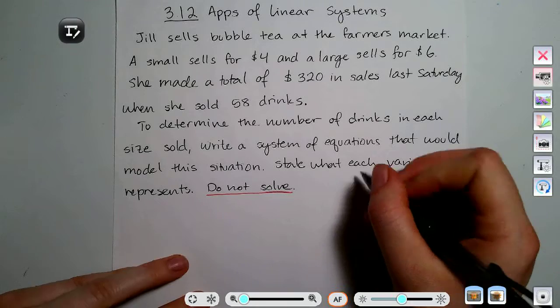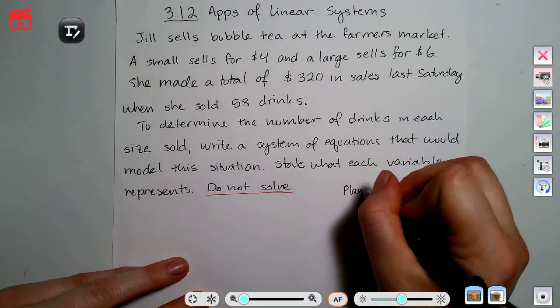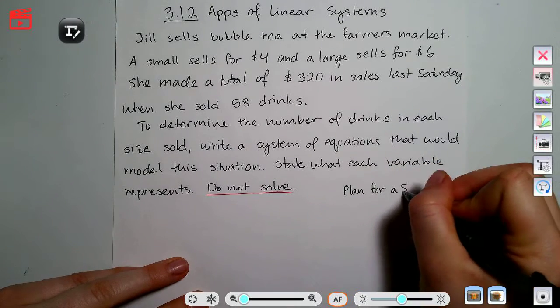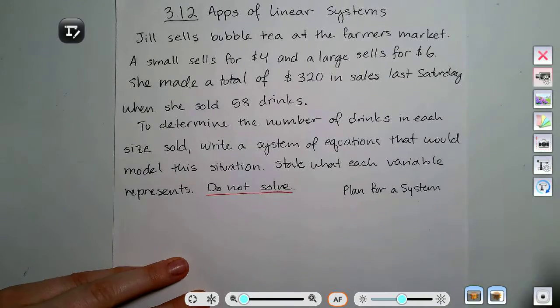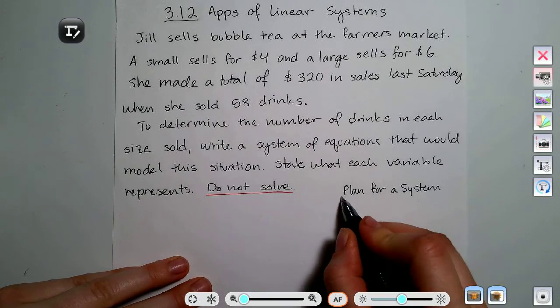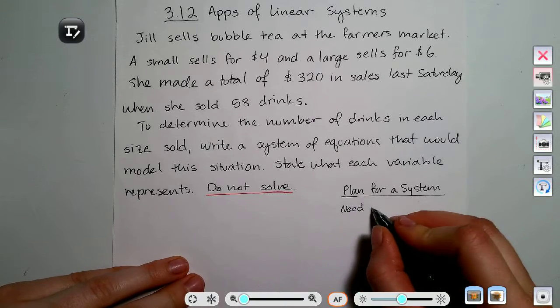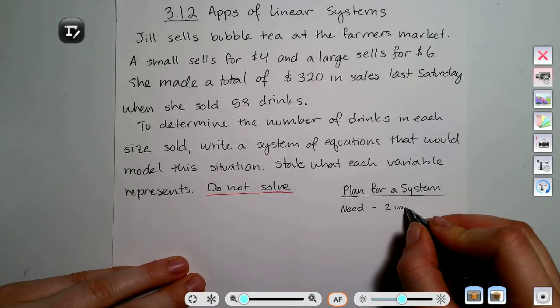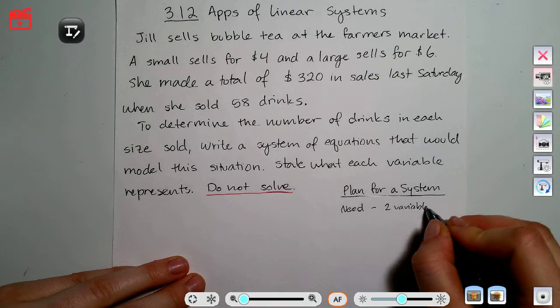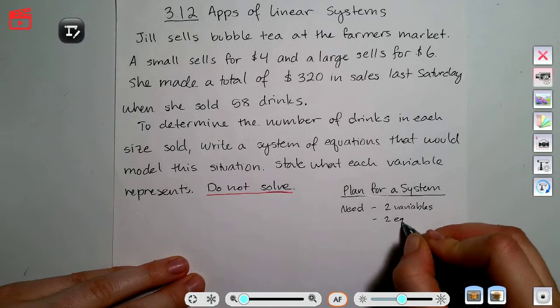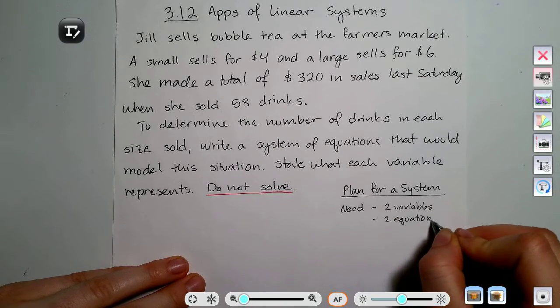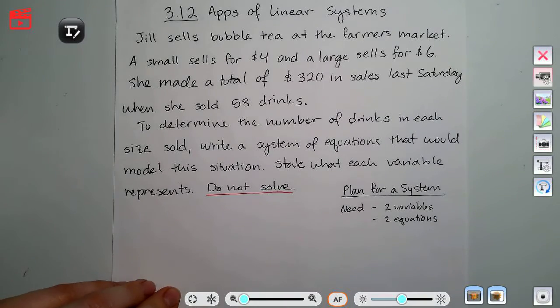So two equations. All right, so the plan that we have for writing a system. Okay, so plan for a system. So we're talking about a linear system. So what we need are two variables, like x and y, and two equations. So the question is, how do we find these?